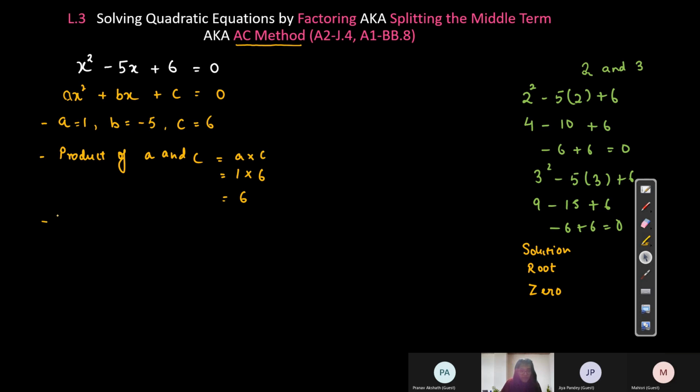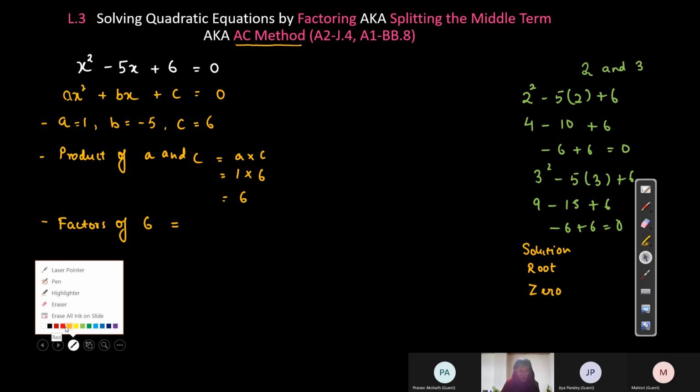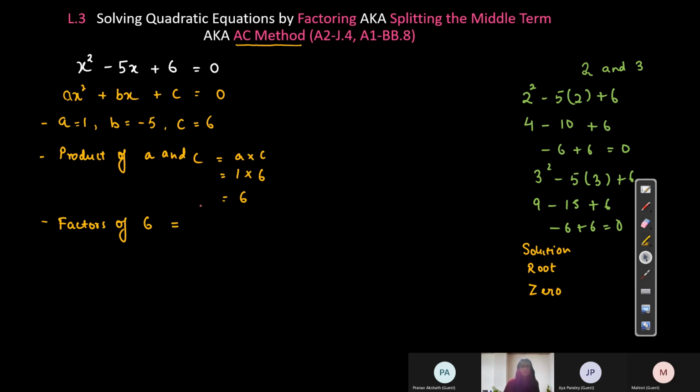Next, step number 3. This is very important. This is the most important step. You have to find the factors of 6, all possible factor pairs of 6. What do I mean by this? You know 2 times 3 is 6. That is one possible factor pair, 2 and 3.